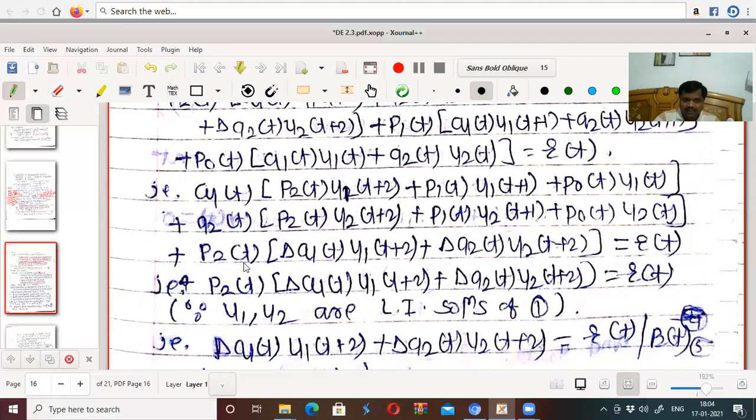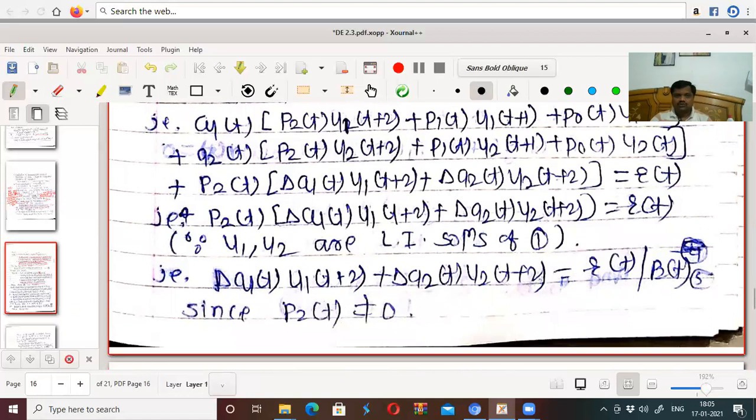Thus we get p2t into delta a1t u1t plus 2 plus delta a2t u2t plus 2 equal to rt. That is, delta a1t u1t plus 2 plus delta a2t u2t plus 2 equal to rt upon p2t, as p2t is not equal to 0.